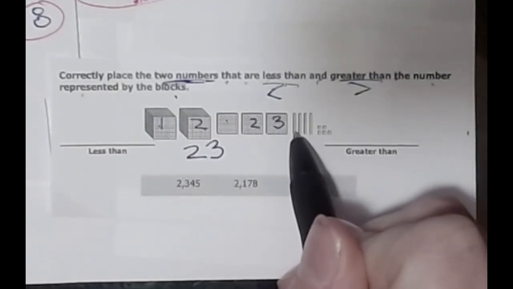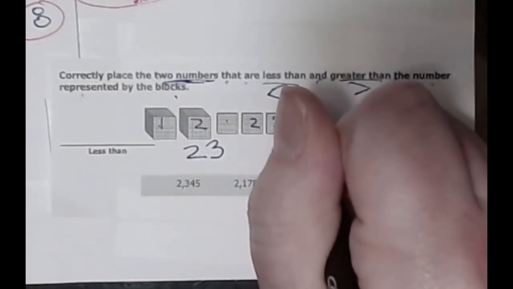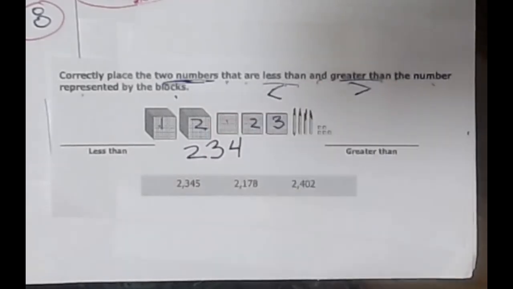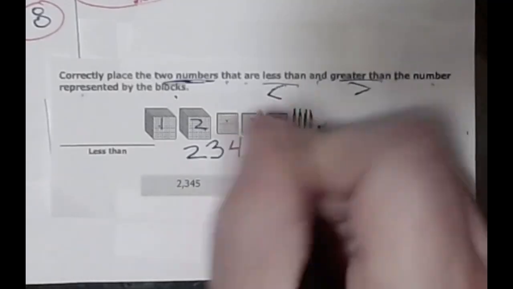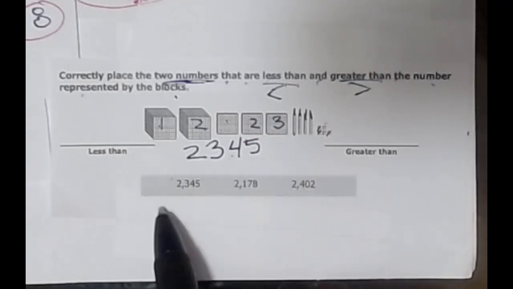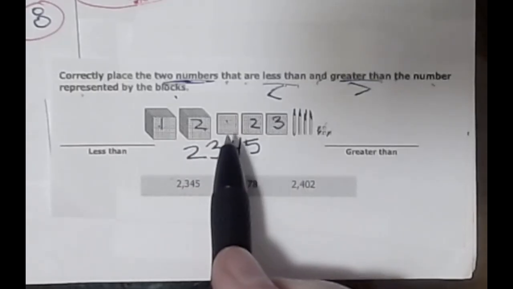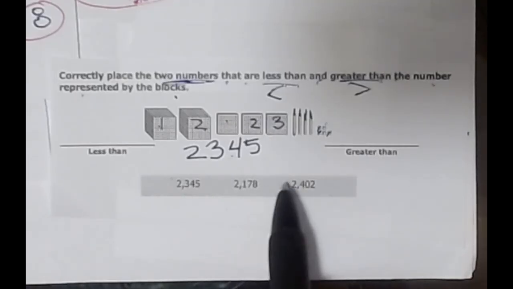Next we have rods, which represents tens. So in the 10 spot, we have 1, 2, 3, 4. And do we have any ones? 1, 2, 3, 4, 5. Okay, so 2,345.